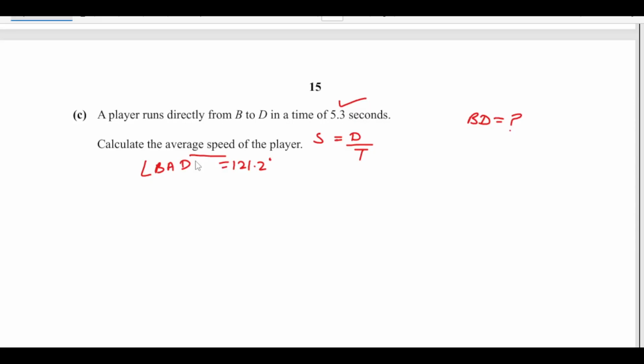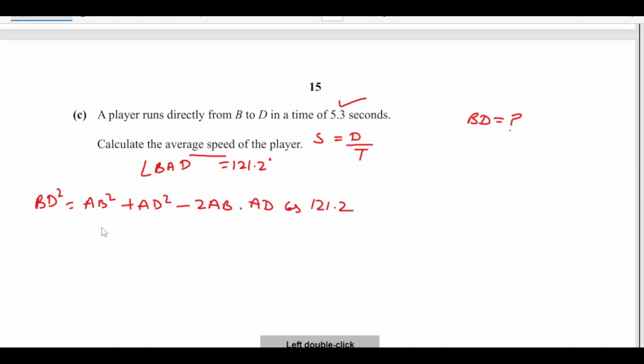Now we can use the cosine rule. So by cosine rule we will have BD squared equals AB squared plus AD squared minus 2 times AB times AD times cos of 121.2. So BD we are going to calculate.